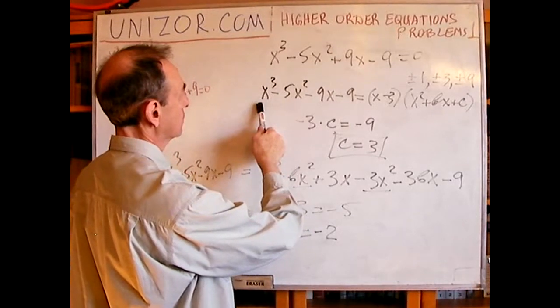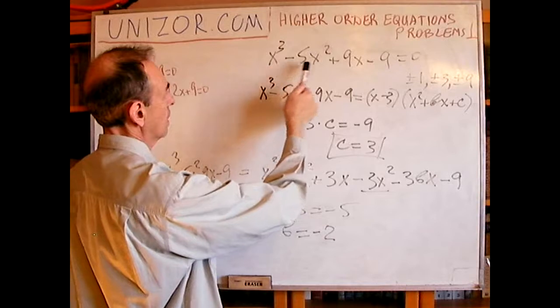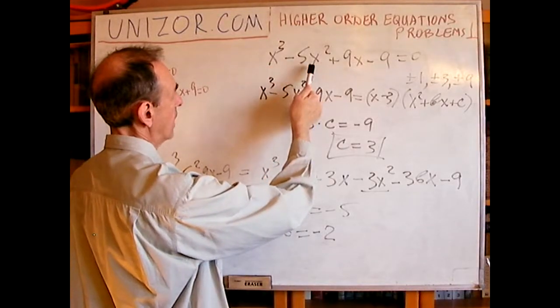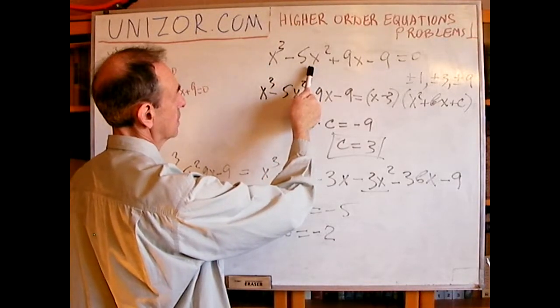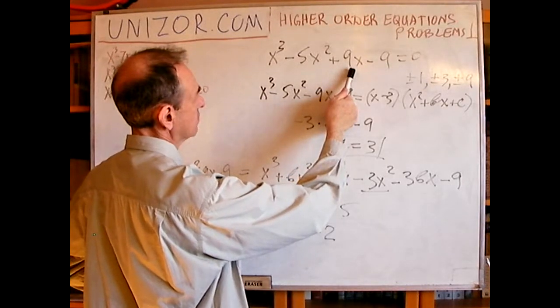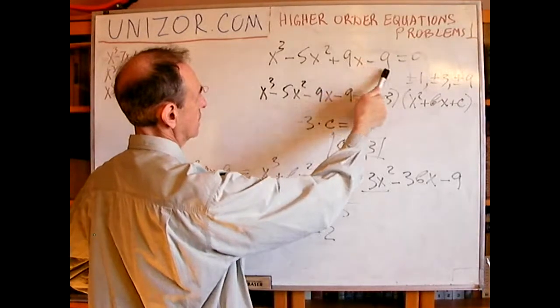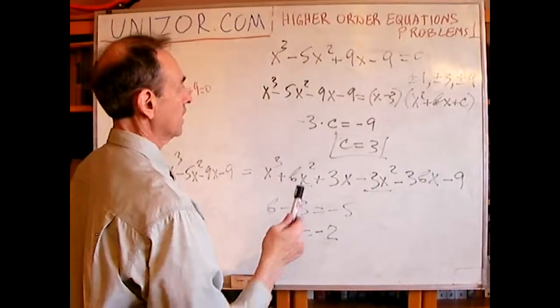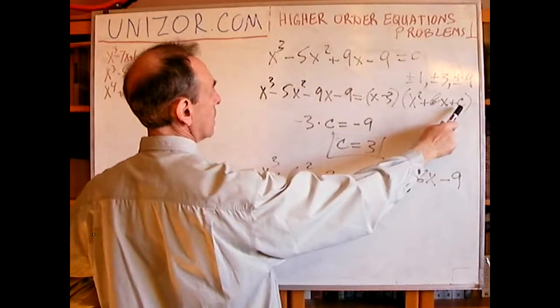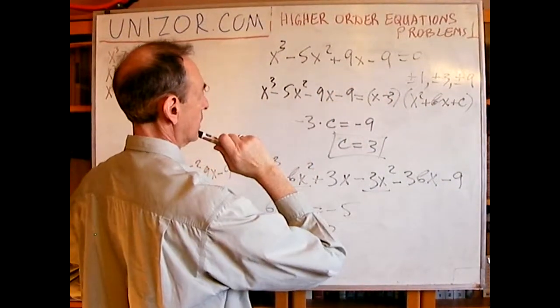Is 3 the root? Okay, it's 27 minus 45, it's minus 18. Minus 18 plus 27, that's 9. Yes, 3 is the root. Okay, fine. Now, minus 3 times c should be equal to minus 9, that's correct.